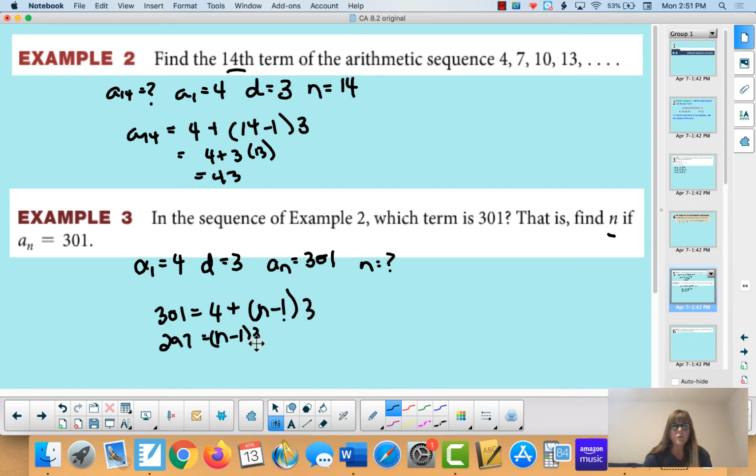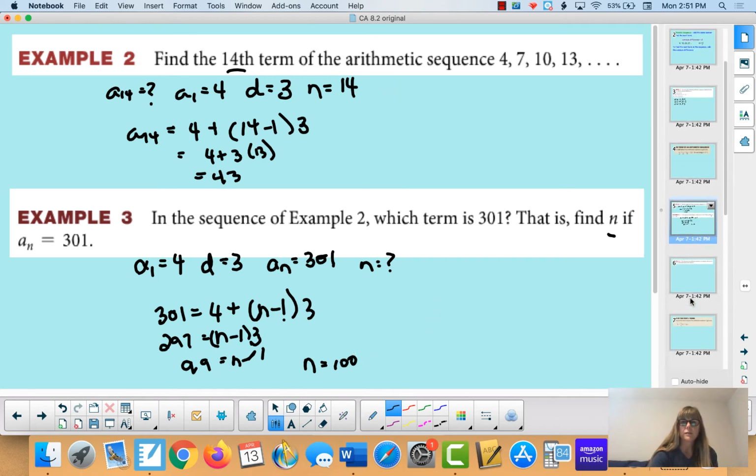If I divide 297 by 3, I get 99. And then add 1 to both sides to get n equals 100. So it's the 100th term that is 301 in this particular sequence.